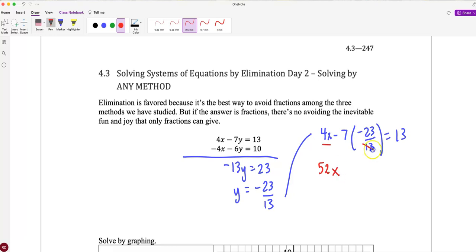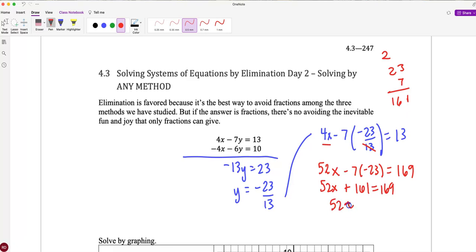When I multiply this one by 13, I get rid of the 13. So minus 7 times negative 23 equals 13 times 13. Okay. So 7 times 23 is 161. So 52x plus 161 equals 169.